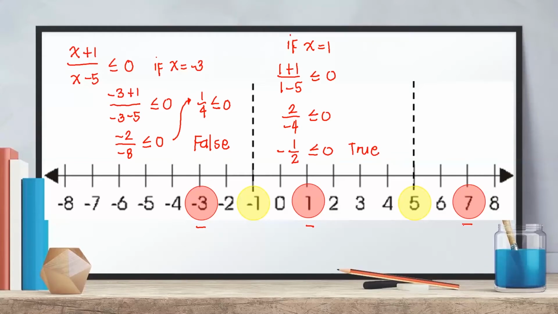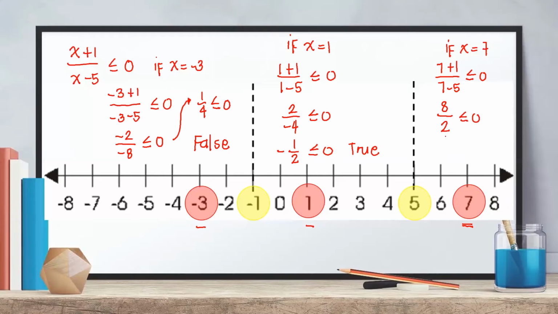Finally, do the same thing to our last testing point. If x is equal to 7, then our rational inequality will become (7 + 1)/(7 - 5) is less than or equal to 0. 7 plus 1 equals 8 over 7 minus 5 equals 2 is less than or equal to 0.